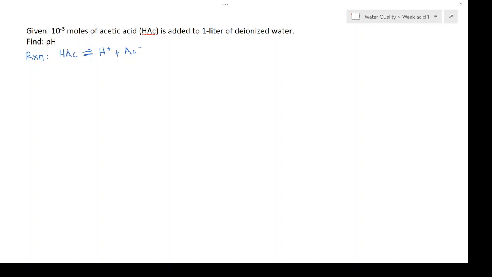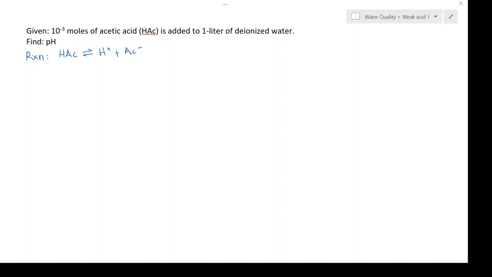The whole point of a weak acid is that it doesn't completely dissociate, so its reaction is reversible. It can go either way. So in our solution, we're going to have both acetic acid and acetate, which means that the acetic acid doesn't completely dissociate.